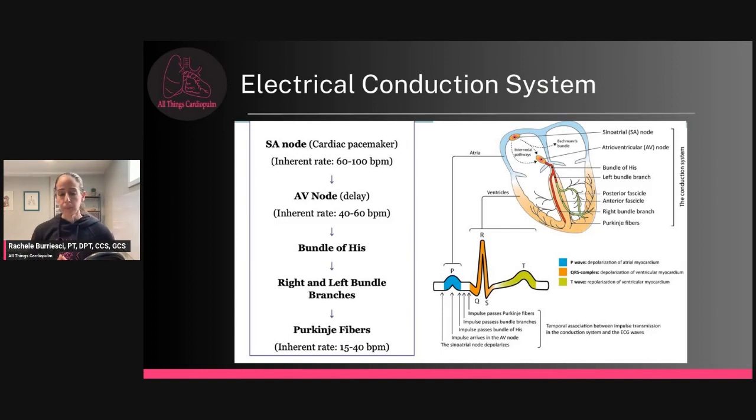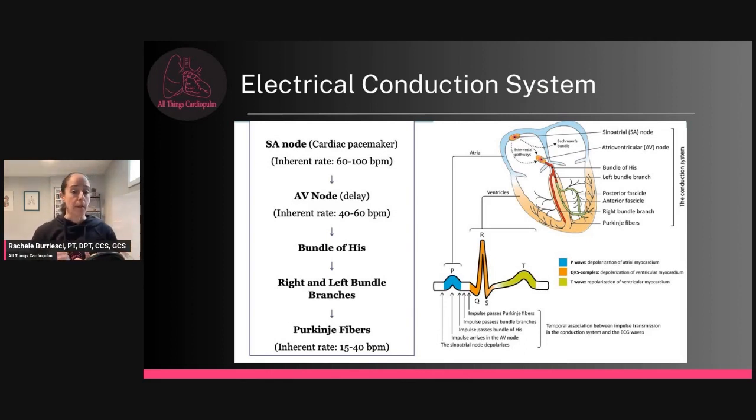Okay. One quick fact about the bundle branches is if you had one side blocked, and this is the part about the heart, or just about the human body, that I love, is that there's always a backup system in place. If one branch is blocked, the signal is going to go down the other branch to the Purkinje fibers, and once the Purkinje fibers stimulate, it's going to have a retrograde stimulation to the other ventricle.